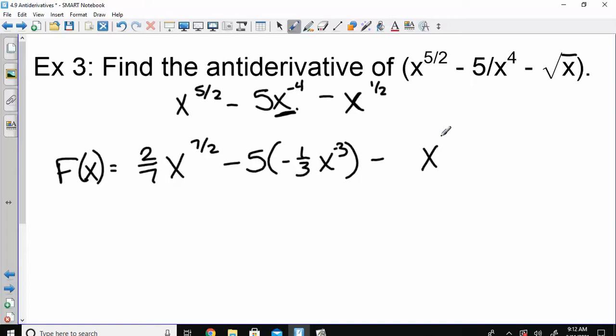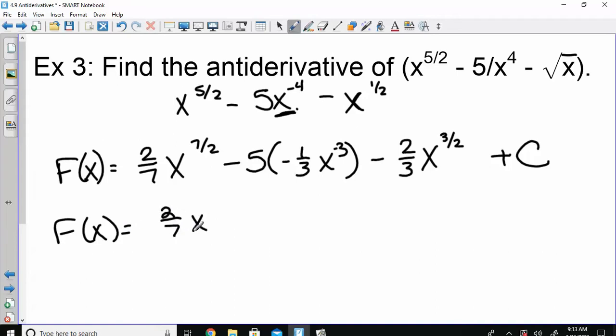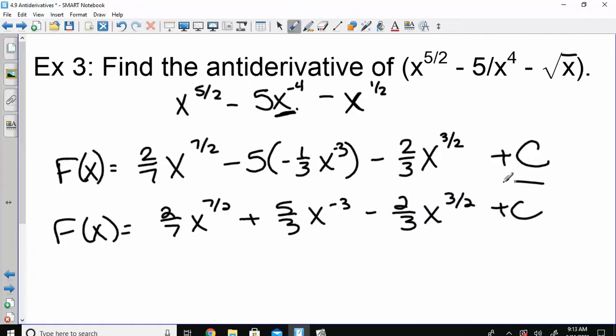If you add 1, 3 halves, so you put 2/3 in front. And we have to have plus c on the end. So our function is 2 sevenths x to the 7 halves plus 5/3 x to the negative 3 minus 2/3 x to the 3 halves plus c.